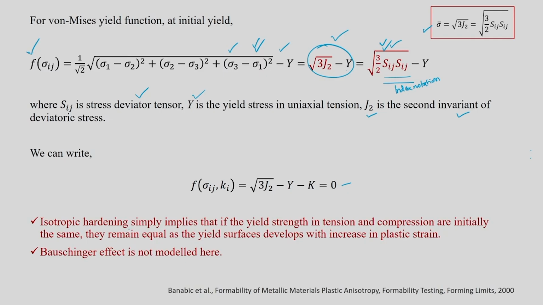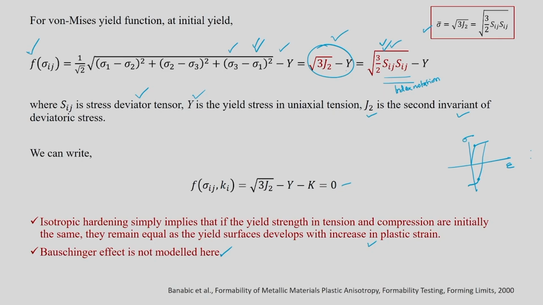Now isotropic hardening simply implies that if the yield strengths in tension and compression are initially the same, they remain equal even in further deformation with increase in plastic strain, which means the Bauschinger effect is not considered here. We have also studied this in bending and spring back. If you take sigma versus epsilon, you deform it like this, then unload and go this way, you will see there is no change in yield strength because of softening on the compression side.